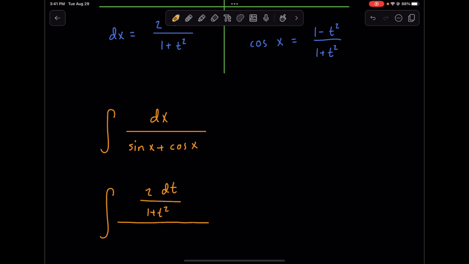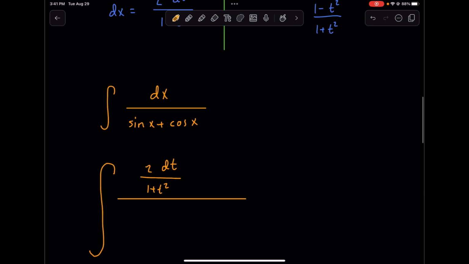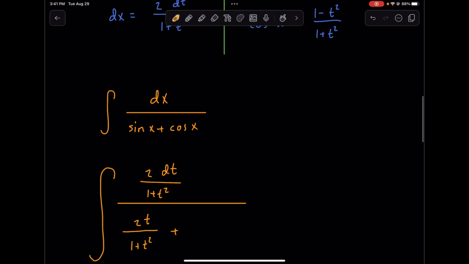And then this whole thing is going to be over sine, which is 2t over 1 plus t squared, plus cosine, which is 1 minus t squared over 1 plus t squared.